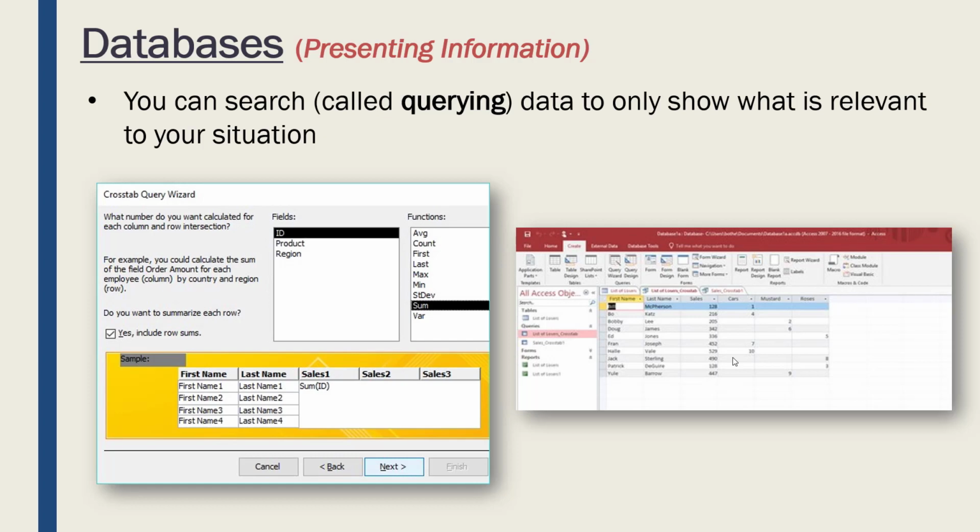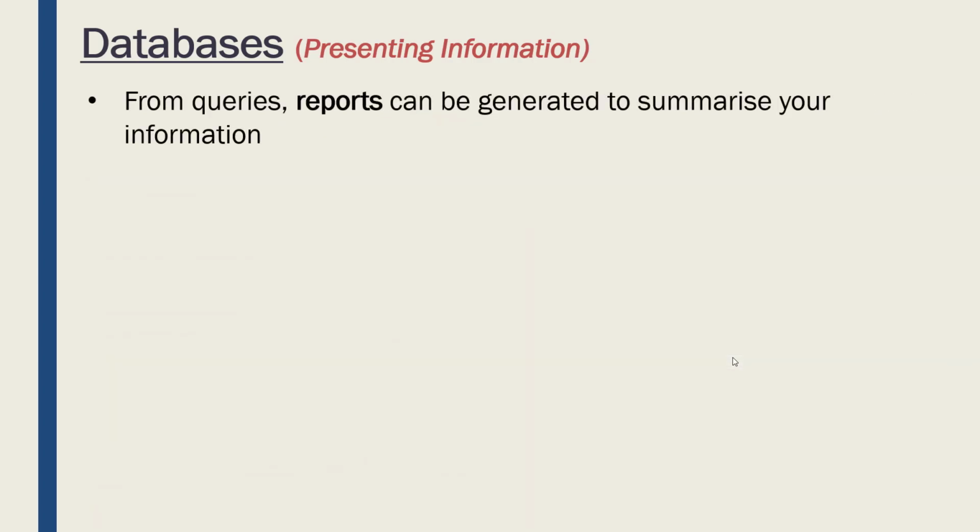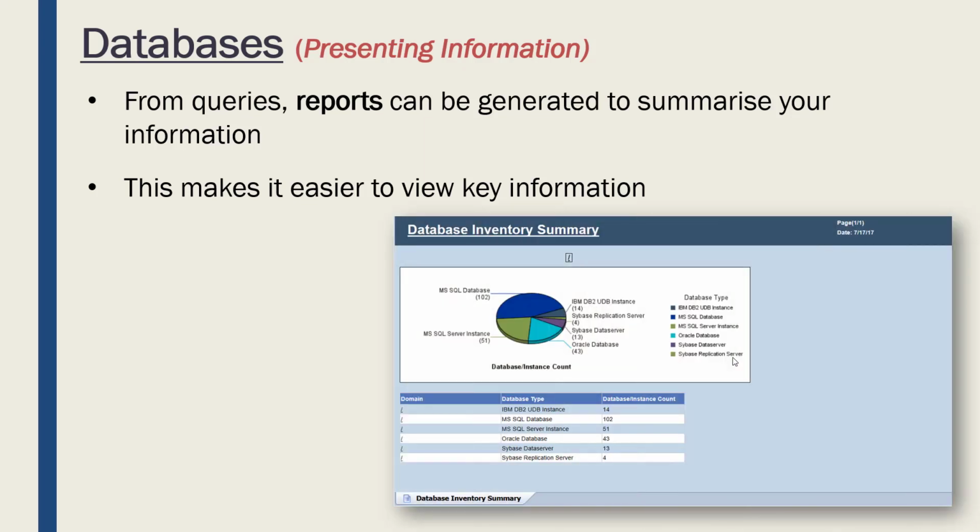Most database software can also take the result of a query to generate a report. A report is usually there to summarize your information. So we might have a query to extract a certain table. A report can be generated to summarize it. Now this makes it easier to view any key information. This is quite a fancy report. Often it's just another table which is summarized a little bit. This one's got a chart and also maybe the result of a query shown in this report.